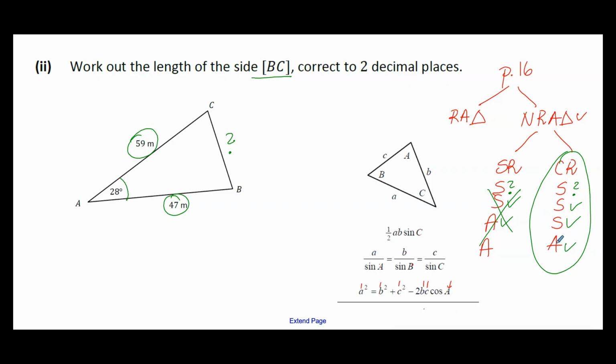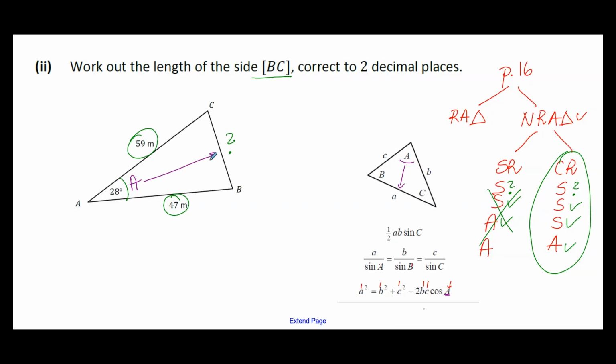Now I need to know what is A, B, and C in my own triangle. So where do we start? Always with an angle. Since the cosine rule only involves one angle A, that will be our angle, our capital A. And as you can see in your table, the side that is opposite angle A will be small a.